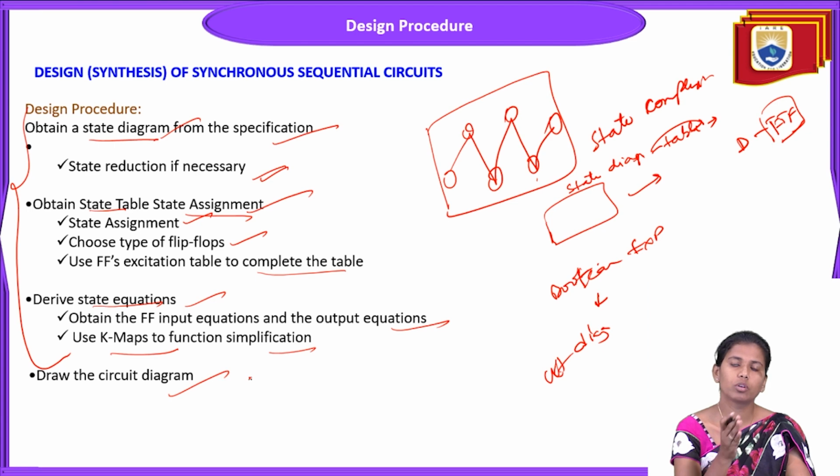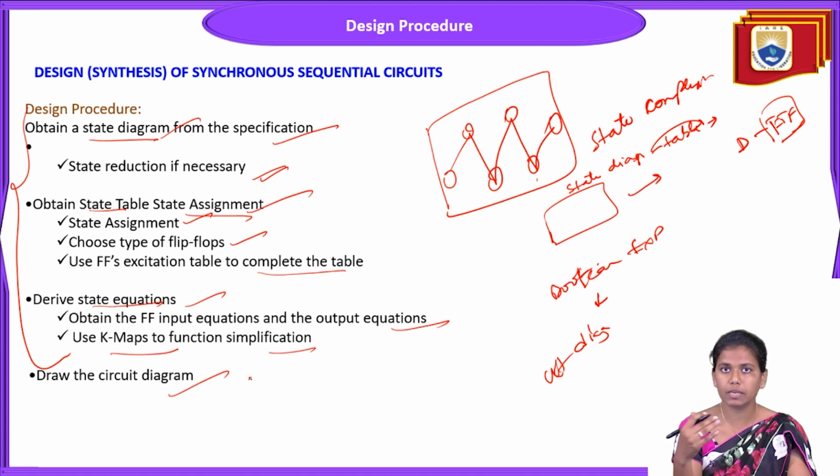The state table will consist of the present state, input, and next state with respect to the output. After the state table, the state assignments will be made with respect to the inputs and outputs, and from the state table, we have to write the state equation, and this state equation we obtain by using the Karnaugh maps.